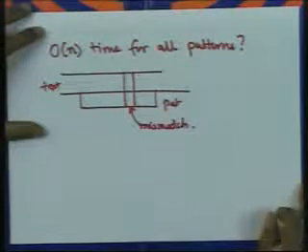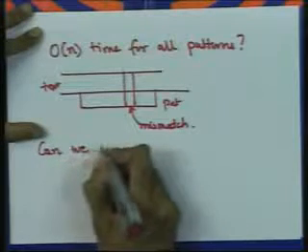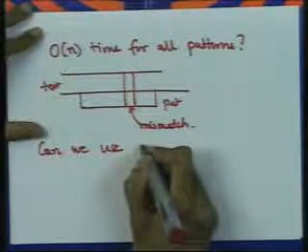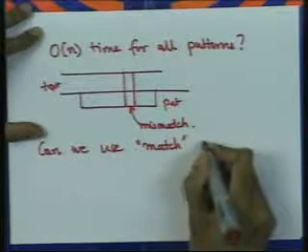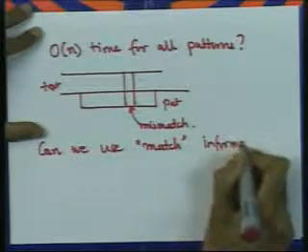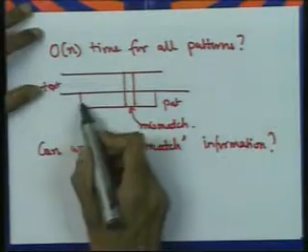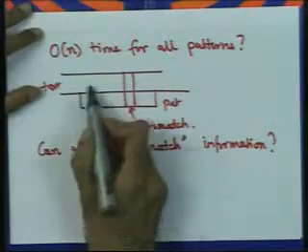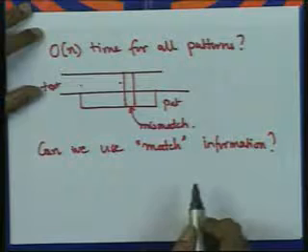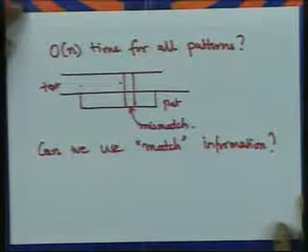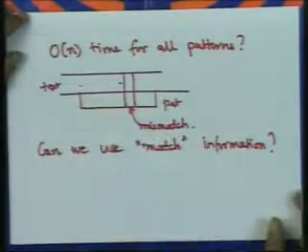So can we use the match information? Which means the information that this portion of the string actually matches this portion of the text. Can we use this? This is what we would like to do, somehow use this information.